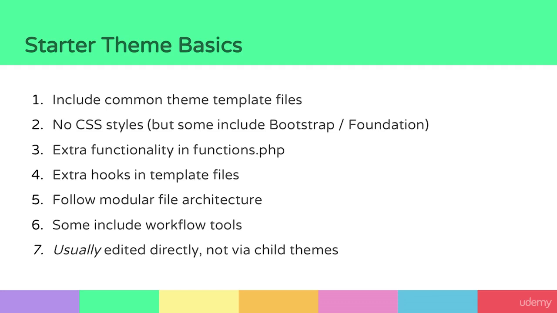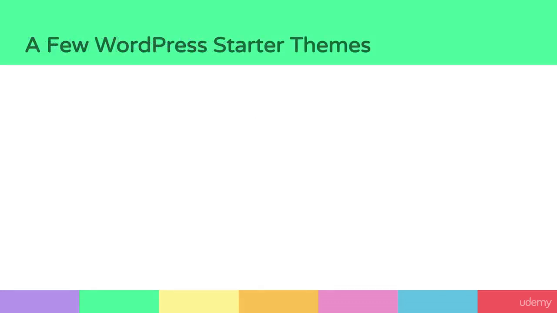So with all that said, I want to talk about a few specific WordPress starter themes. Okay, there's tons out there, but I'm going to talk about a few major ones. And the first one is called Underscore. And we'll look at the site for this in a second, but it is built by the WordPress core team.